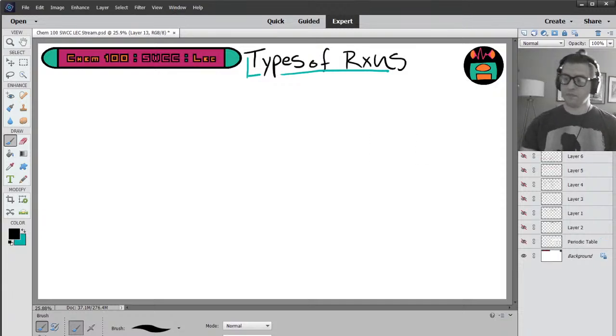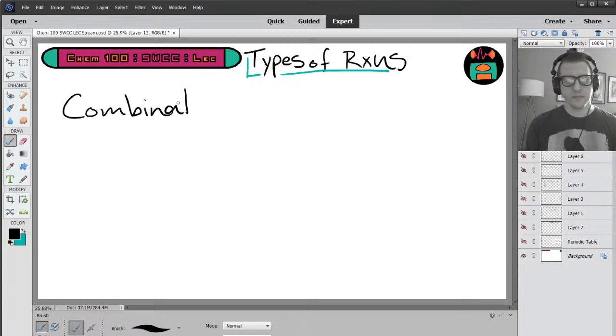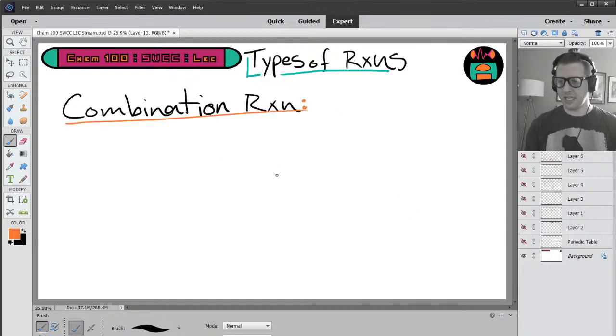All right, so the first type of chemical reaction that we're going to touch on is called a combination reaction. A combination reaction is exactly what it sounds like.